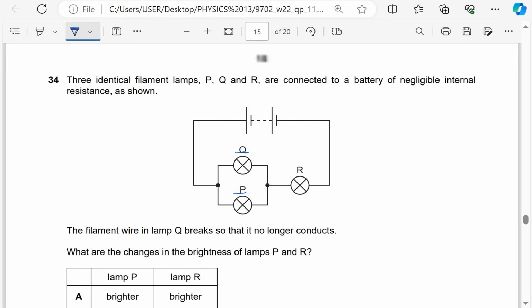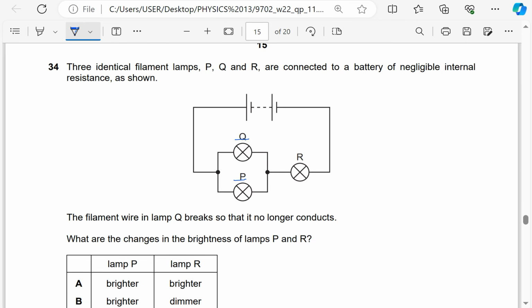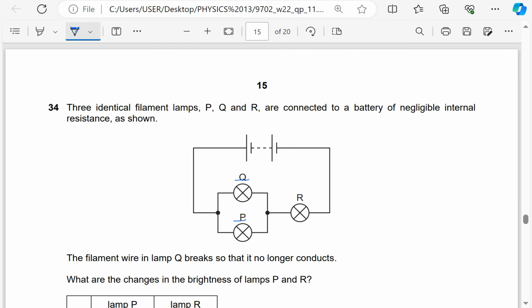But then, if one of them breaks, remember, the advantage of having resistors in parallel is to make the resistance smaller. So if one of them breaks, it means the parallel resistance has been reduced, which means total resistance increases. R total increases. And if R total increases, it means total current supplied by the battery goes down.